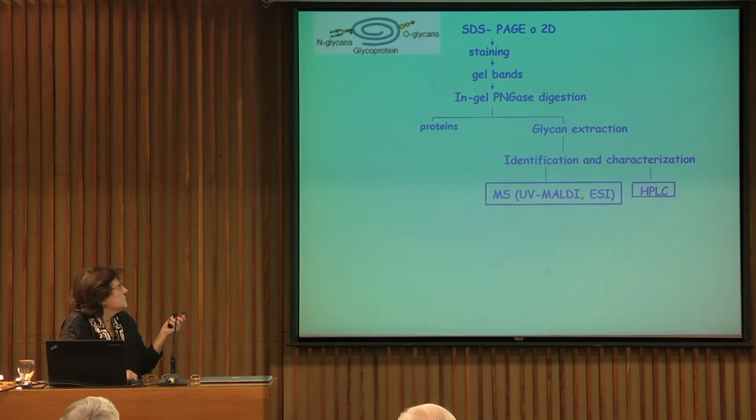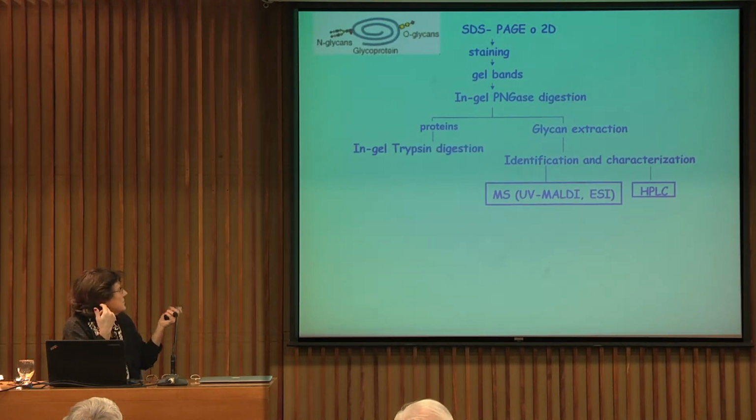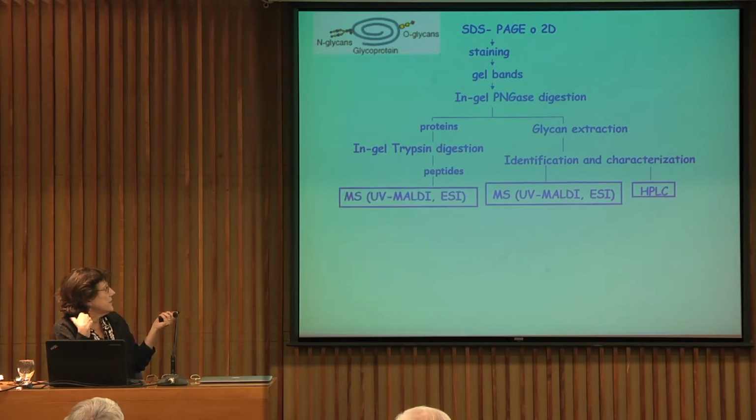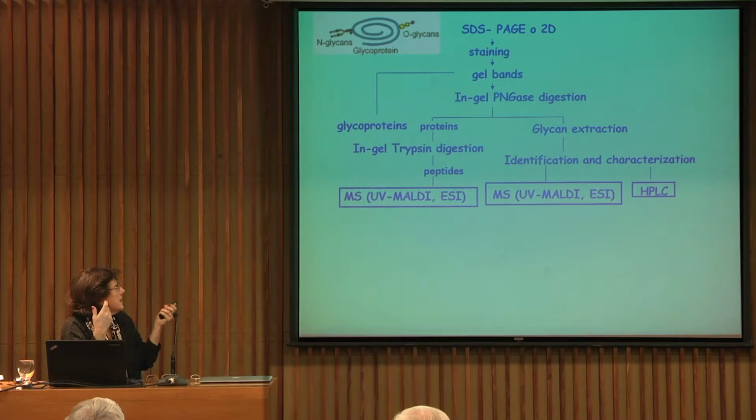Another type of approach: you may also keep the protein in the gel and then perform an in-gel trypsin digestion and analyze the peptides by mass spectrometry. Another approach is to take the gel band containing the glycoprotein and directly perform an in-gel trypsin digestion.